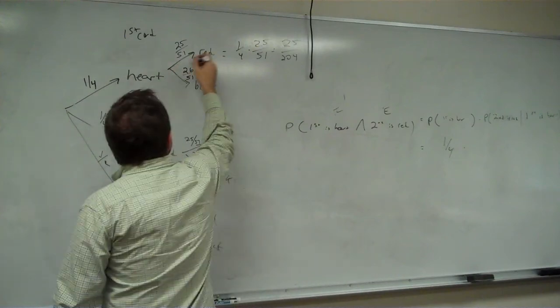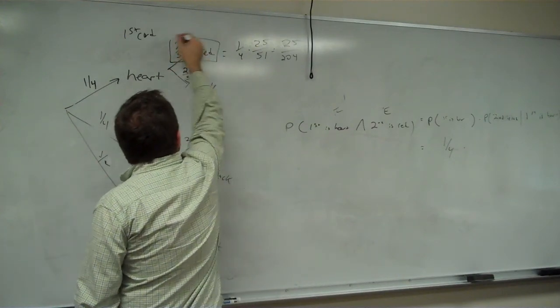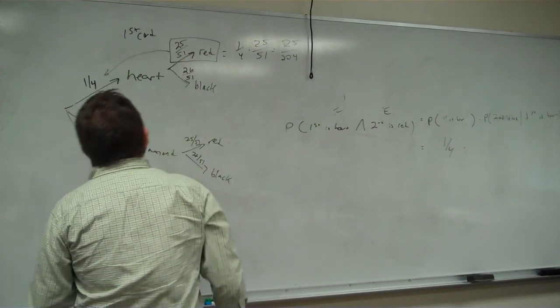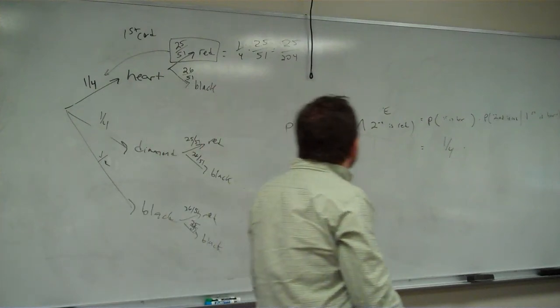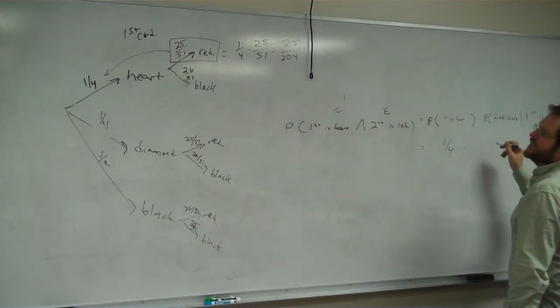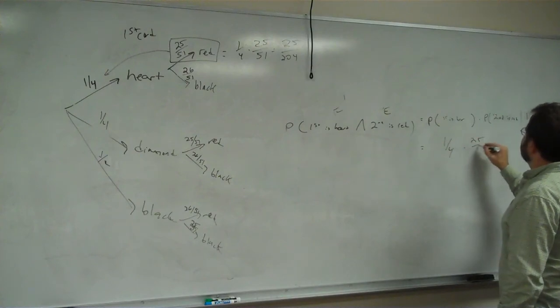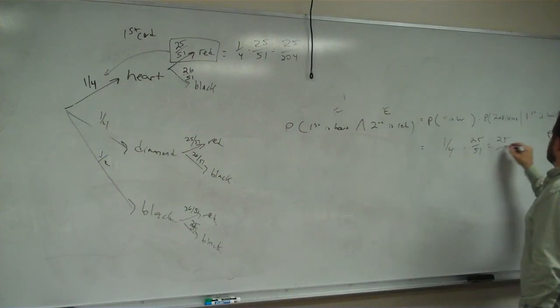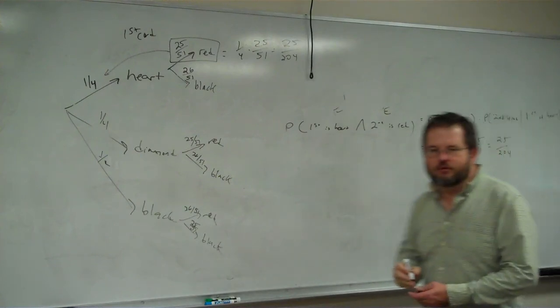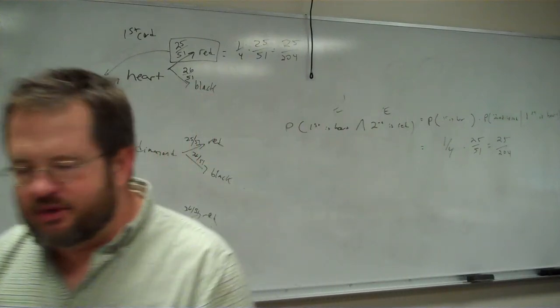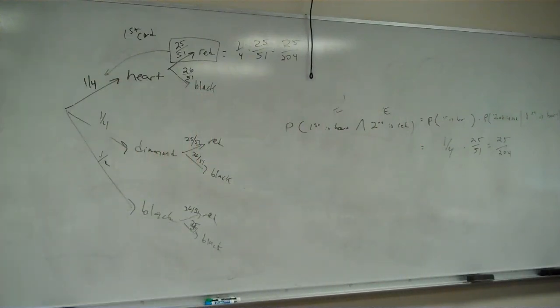Well, the probability that the second is red, given that the first was a heart, was 25/51, which also works out to 25 over 204, just like it did before. So we could have done it with this giant tree, or we could have done it using the probability rule. Both are happy, useful ways of solving these kind of problems.